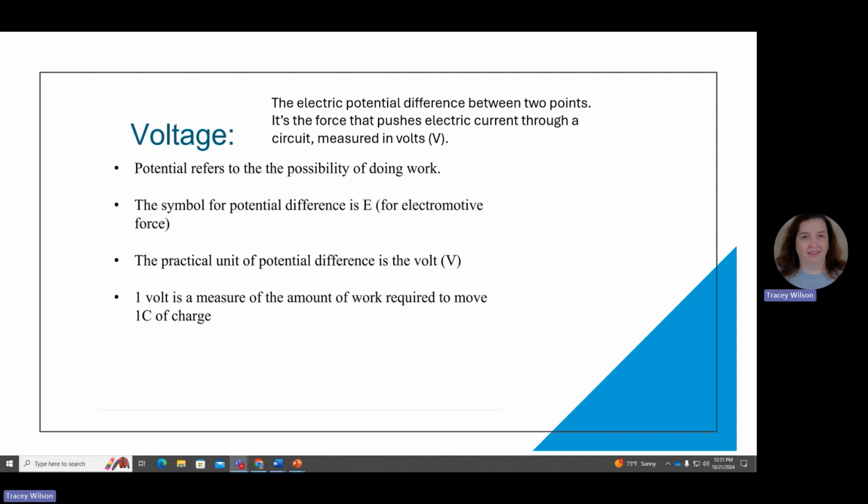So 1 volt is a measure of the amount of work required to move 1 C of charge. What's a C? I don't remember right off the top of my head. But it's going to move stuff through, we're not going to do the math. I'm not going to give you the formulas, they might pop up here in a minute for Ohm's law and stuff like that, but we're basic knowledge here, no mathing in here today.